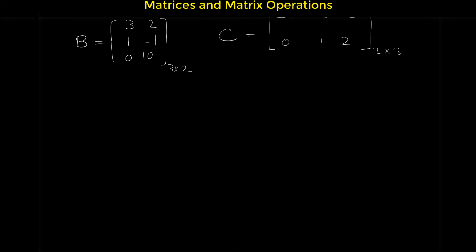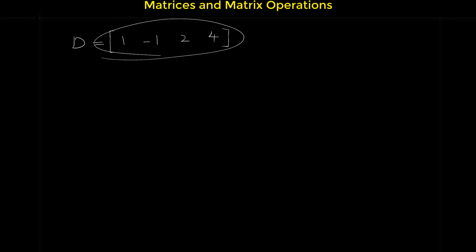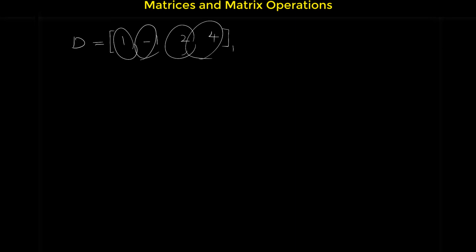Let me show you some more examples. Consider this matrix. Let's name it D. 1, negative 1, 2, 4. As you can see in this matrix, we have only one row, but we have 4 columns.